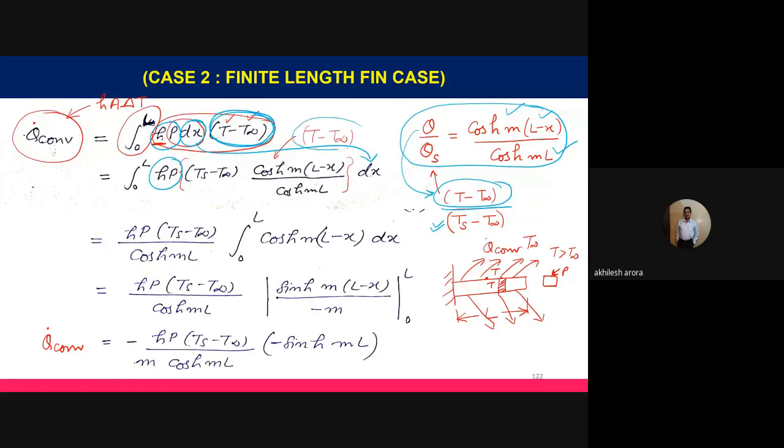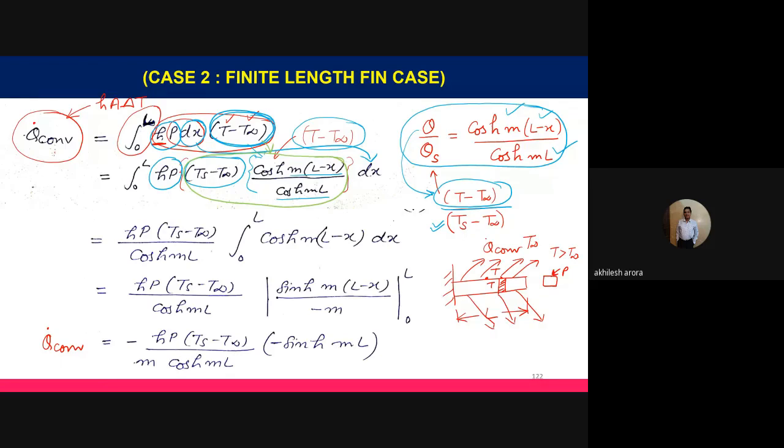In place of it we can write cosh(m(L minus x)) divided by cosh(mL), multiplied by (Ts minus T infinity). This whole term represents the value of T minus T infinity. I hope this is clear to you.